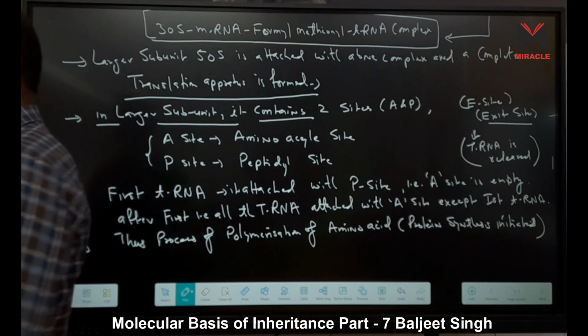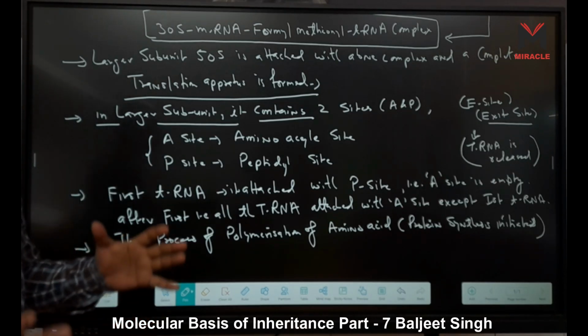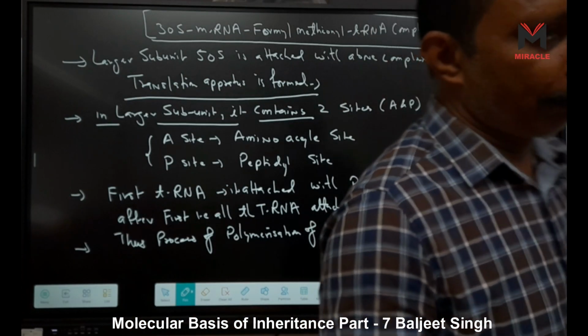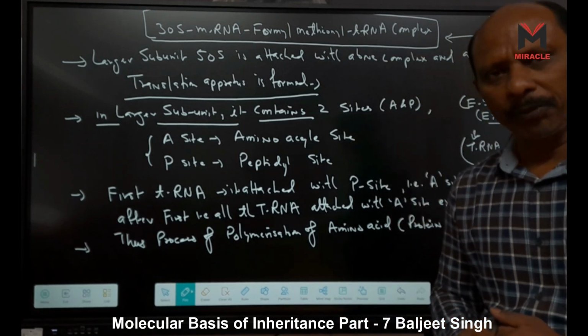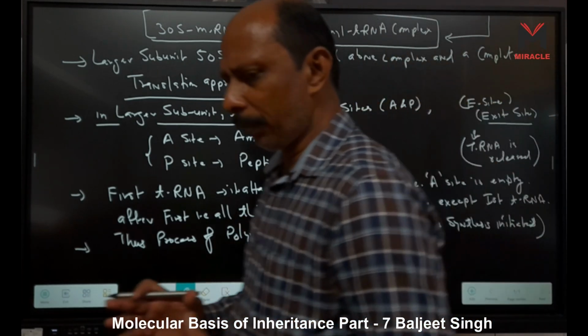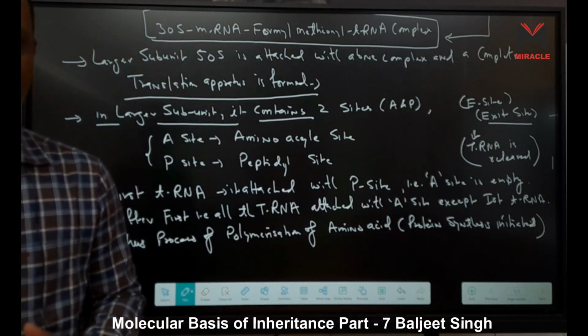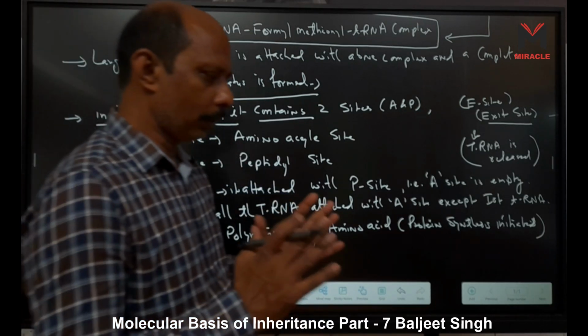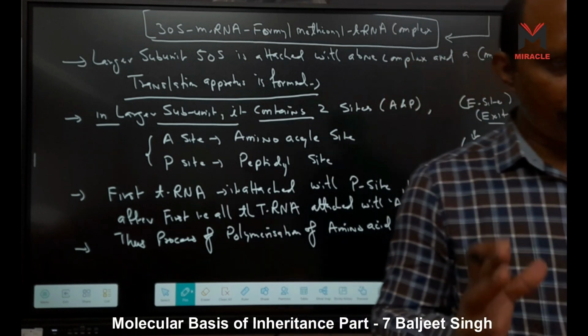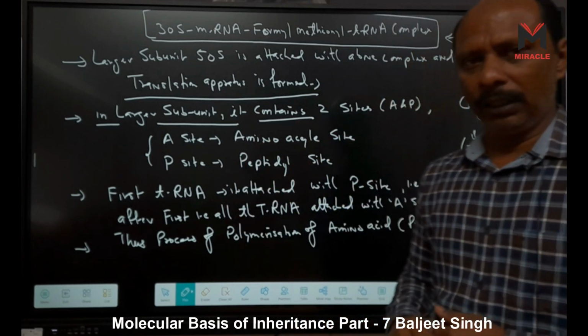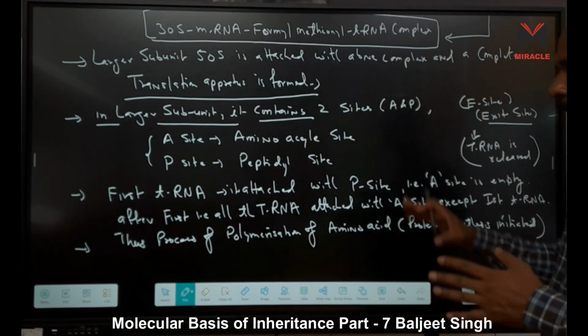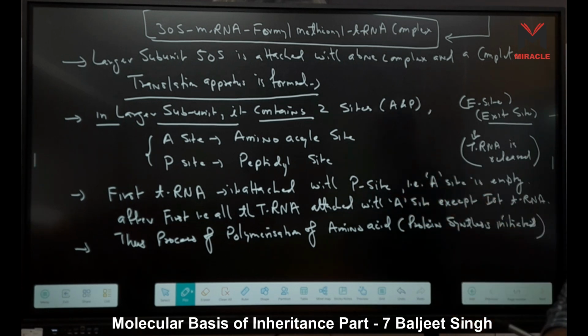So this is the initiation process. Messenger RNA attaches with the small subunit, and when this complex is formed, it attaches with the transfer RNA, and then this complex attaches with the larger subunit. That is the main platform of protein synthesis.